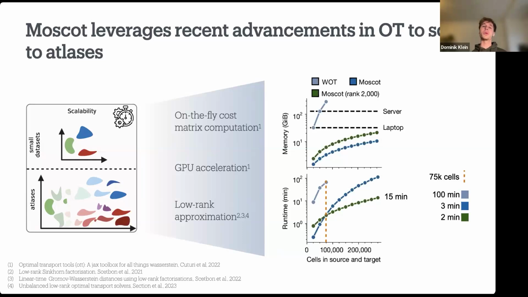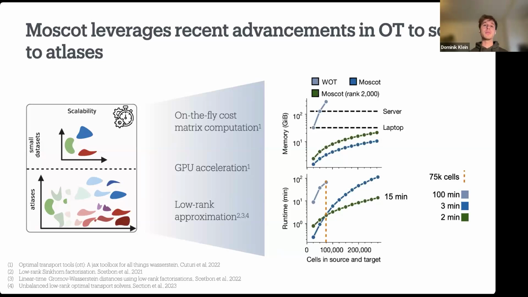Additionally, we support GPU acceleration because optimal transport always breaks down to basically some matrix-vector multiplications. It's very suitable for being executed on GPUs. And very importantly, we leverage recent low-rank approximation schemes of optimal transport solvers.